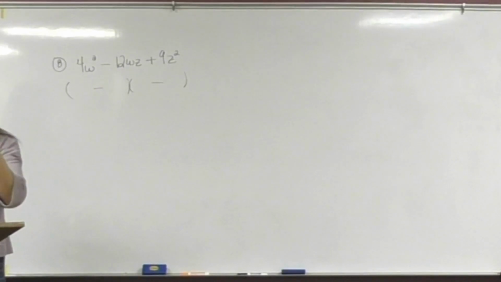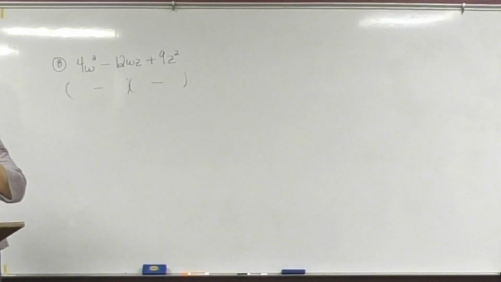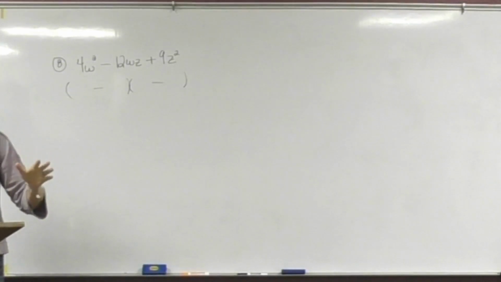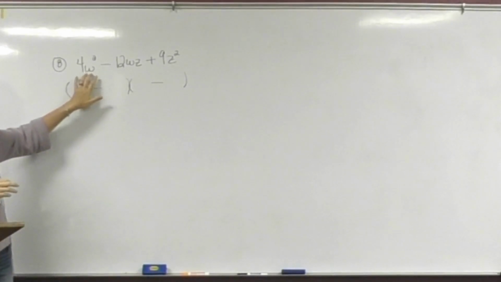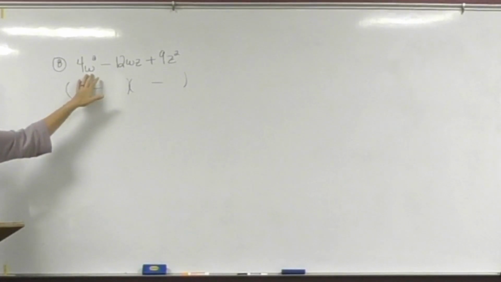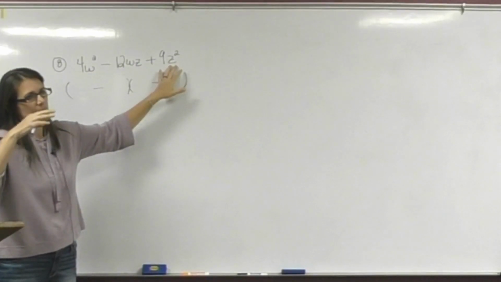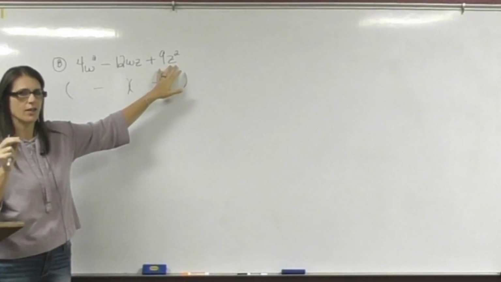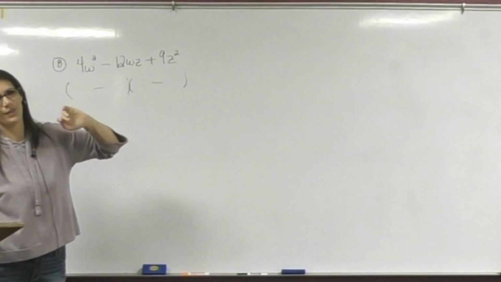Hopefully you also recognize, and this may be what got you skittish, what kind of scared you off of this so you just threw down prime, that this is your quadratic term that you're very accustomed to seeing. However, your end term, which you're accustomed to seeing as just a constant, in this case is also a quadratic term.